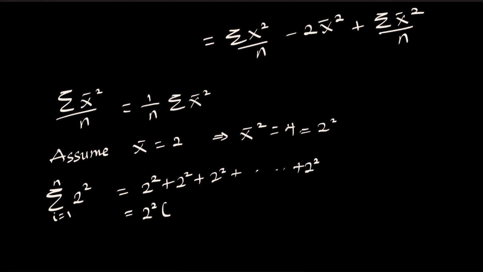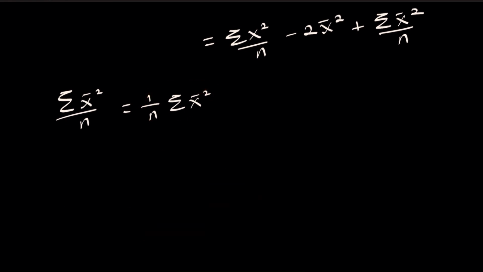And so we can factorize 2 squared out. That will be 2 squared, then to be left with 1 plus 1 plus 1 till the nth time. So 1 plus 1 plus 1 to the nth time is going to give us n, right? So our summation will just be 2 squared n.